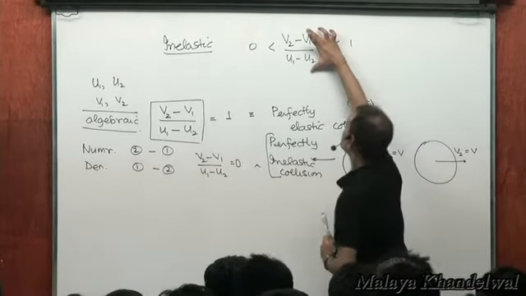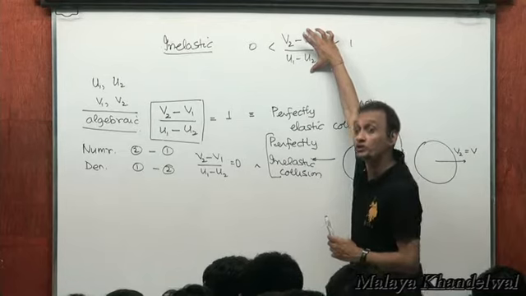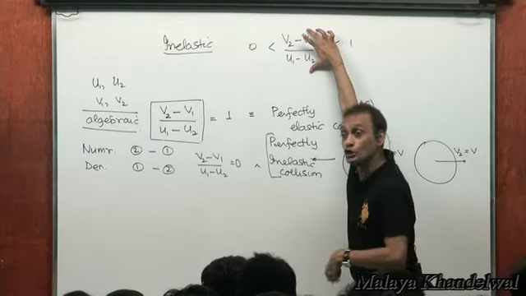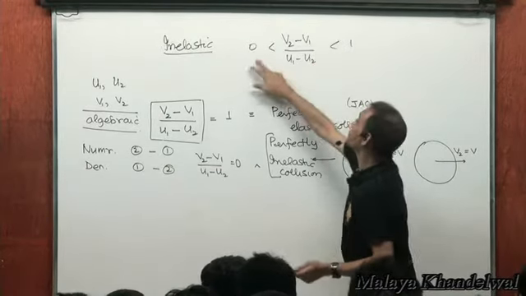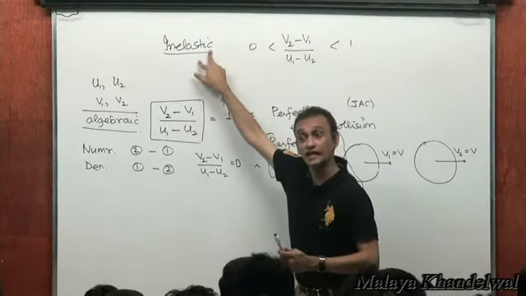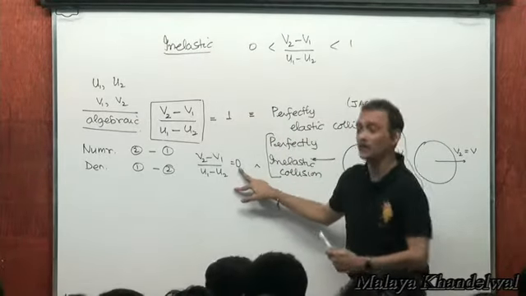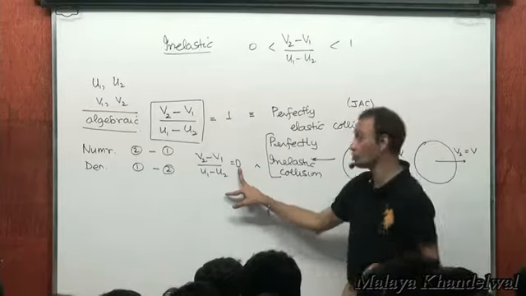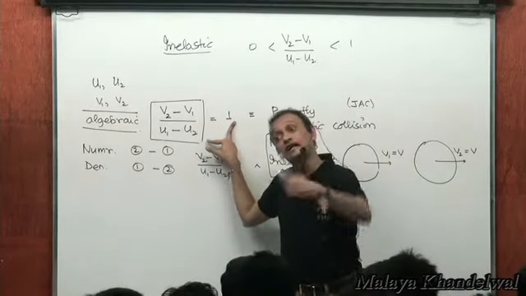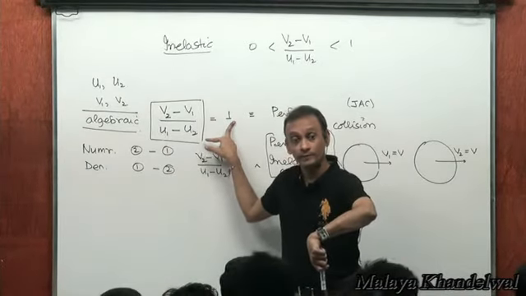So, this ratio has some importance. It will determine the nature of the collision. If this lies between 0 and 1, it's an inelastic collision. If it's 0, it's a perfectly inelastic collision. If it's 1, it's a perfectly elastic collision.